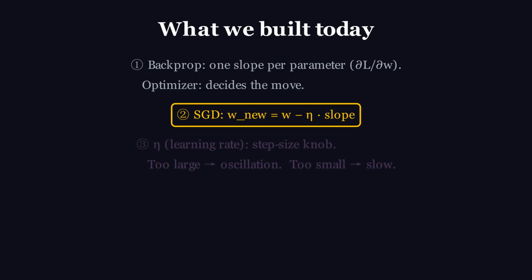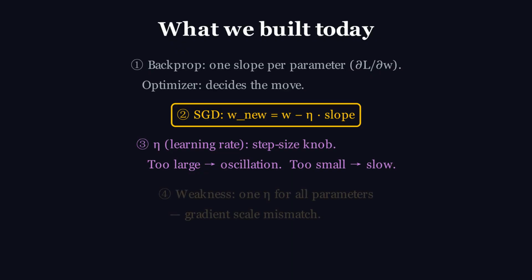That one line is the complete update. Eta, the learning rate, is a critical knob. Too large, the parameter oscillates and never converges. Too small, training is needlessly slow. Right value, smooth descent. And SGD has a structural weakness we saw in the data: one eta for every parameter, even when different parameters have gradients of very different scales.